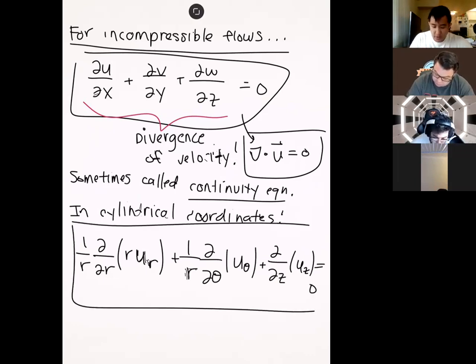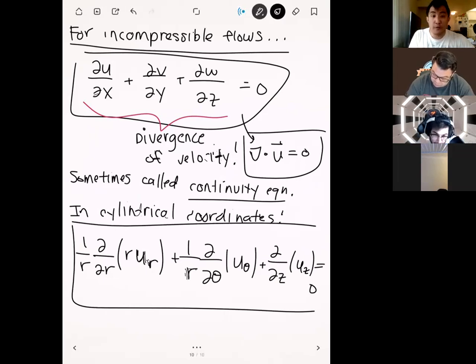This is the cylindrical coordinate form of our continuity equation, and remember, this is for incompressible fluids. All right. Any questions on this?